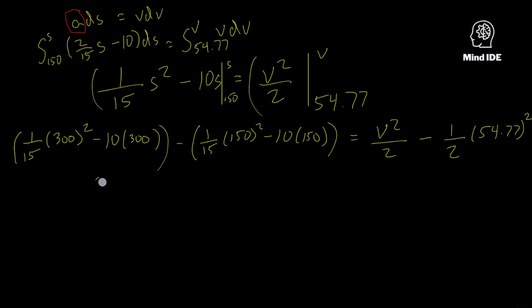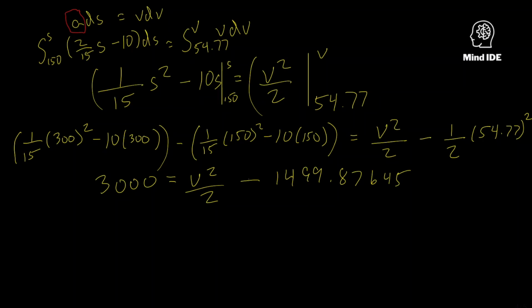This is 3,000 equals v squared over 2 minus 54.77 squared over 2, which is 1499.87645.